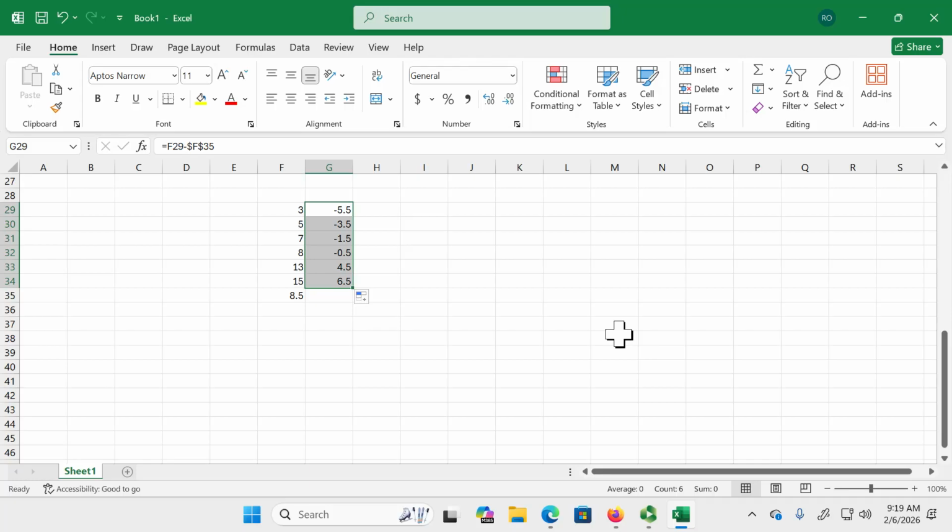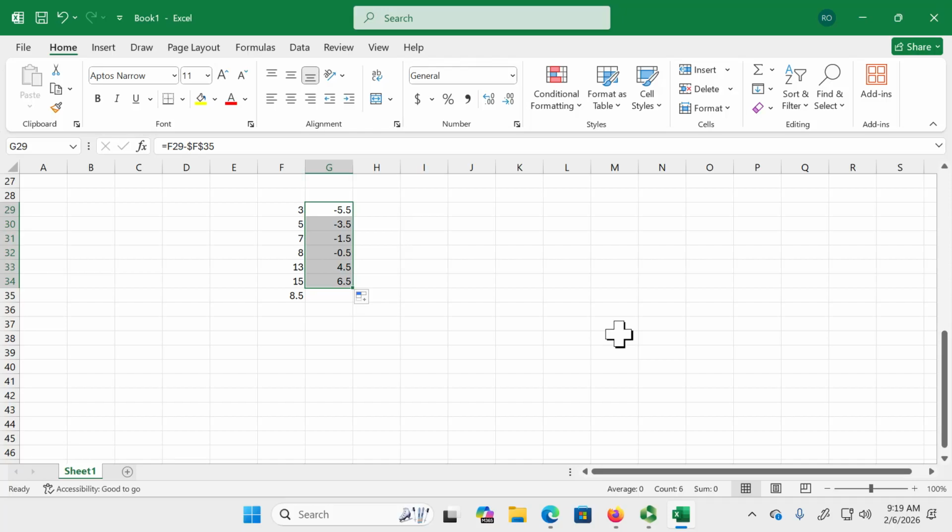The 3 is 5.5 below. The 15 is 6.5 above. If you get the average of these numbers, you're going to get 0 because the average is the middle. Adding these up doesn't do us any good.